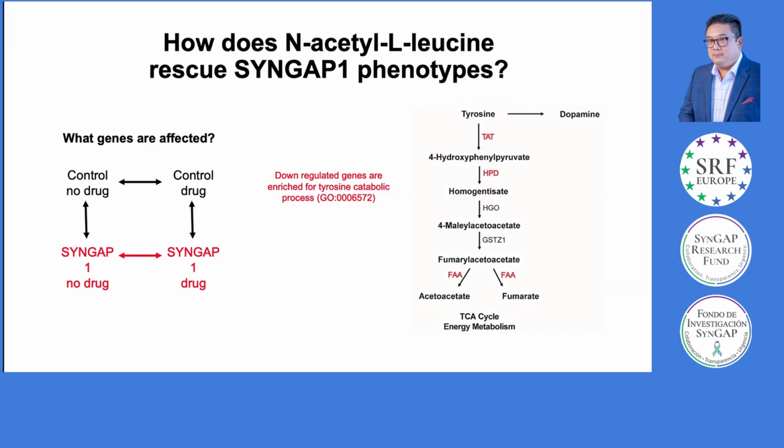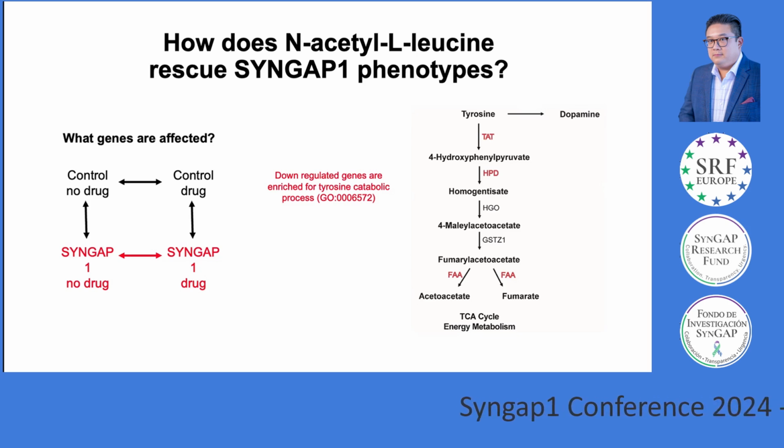So this is the pathway for tyrosine breakdown, and tyrosine gets broken down into components that get fed into energy metabolism. So you remember energy metabolism was one of the points I brought up in the other slide. And you can see in red a number of the enzymes that are involved in this process are downregulated when we give them N-acetyl-L-leucine.